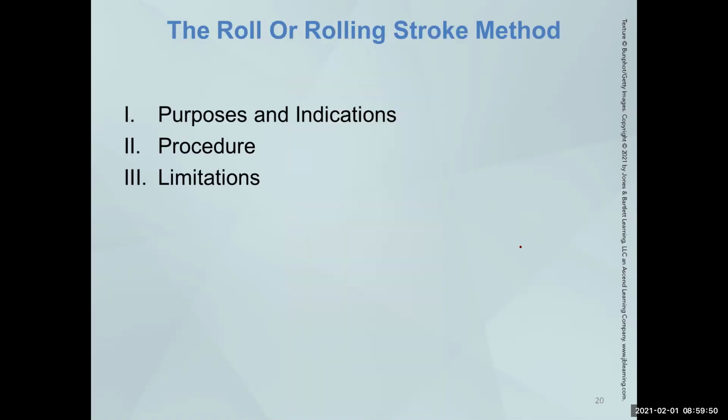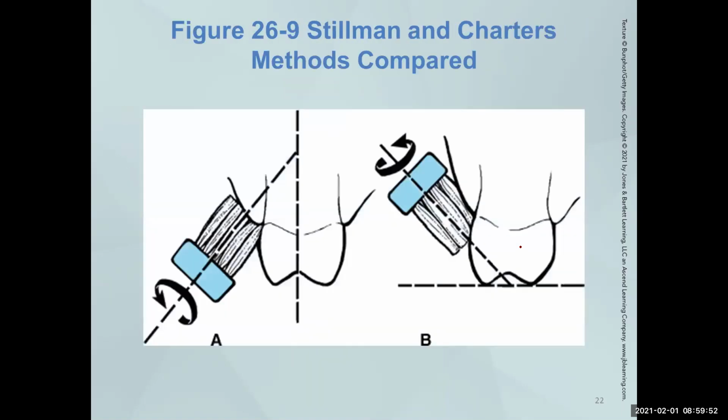So whatever works for your patient. Charters, think about a big bracket here. Charters also, if they've had periodontal surgery and you don't want to interrupt sutures.